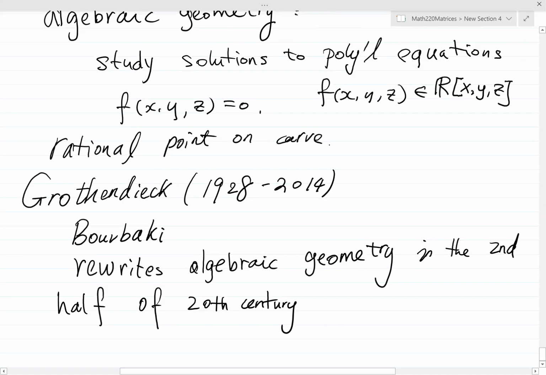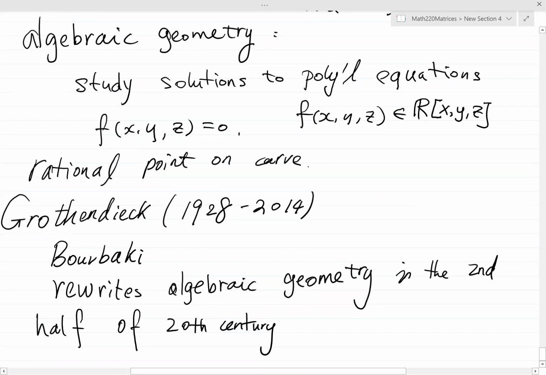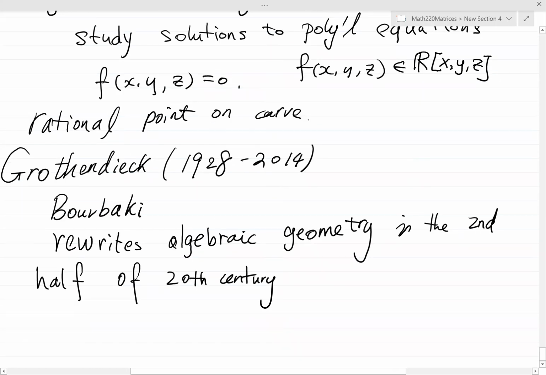You see this thing, this is the solution to certain polynomial equations. This is actually algebra, solving equations. Now, Grothendieck's language provides a natural geometric picture, the right geometric intuition to understand the algebra. So we use geometry to study algebra in this case.